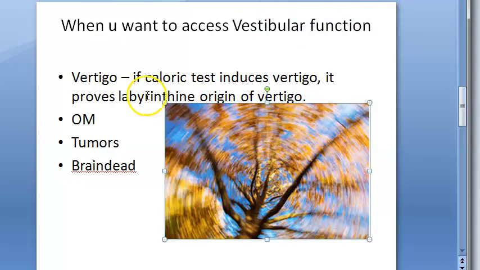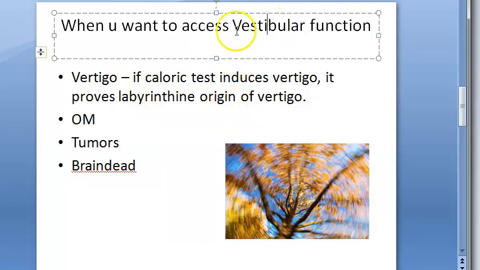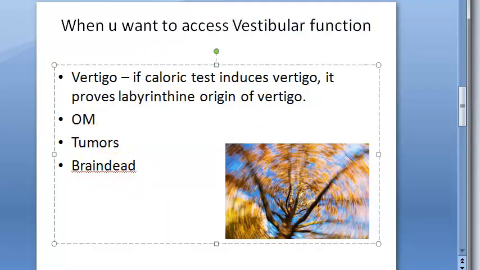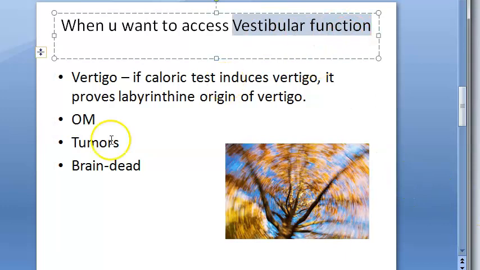Interestingly, vestibular function is also checked in tumors, and in brain dead people, they will do this caloric test to check whether the person is brain dead. Basically, you want to check the functions of the vestibule for many reasons.